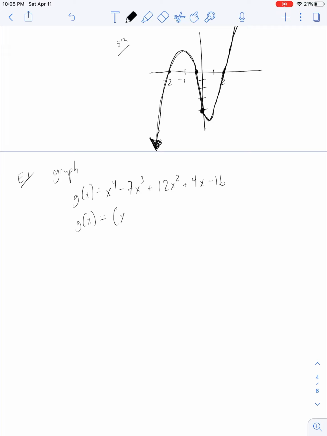And I already factored it for you. The problem tells you that this in factored form is x plus 1, x minus 2 to the power of 2, and x minus 4. Once again, don't worry about how this came about. We'll learn this later.